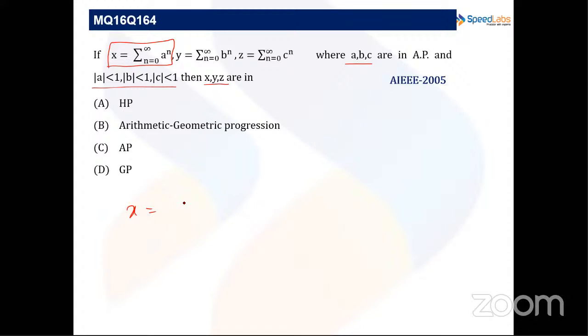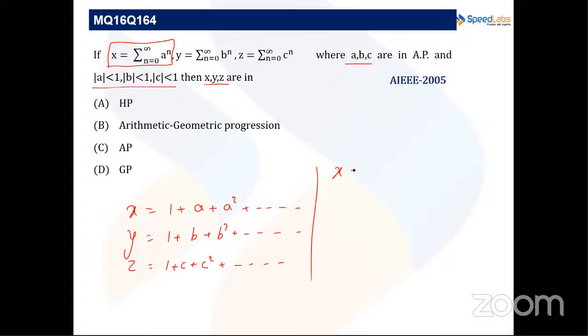The first term is 1, because we can write x as 1 plus a plus a square and so on. Y we can write as 1 plus b plus b square and so on, and z as 1 plus c plus c square and so on. So x will be equal to 1 upon 1 minus a, y will be 1 upon 1 minus b, and z will be 1 upon 1 minus c.